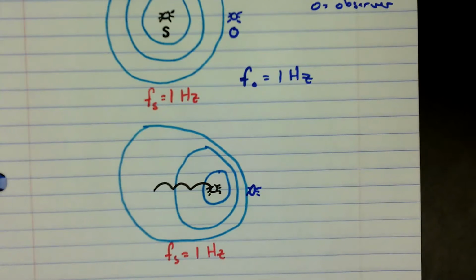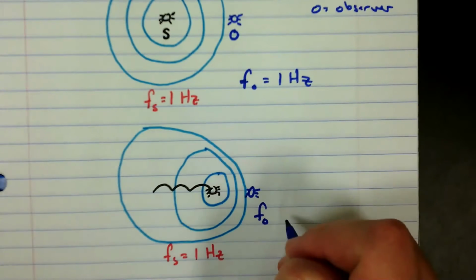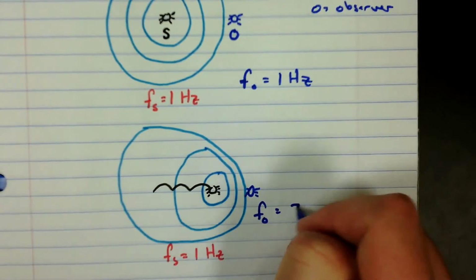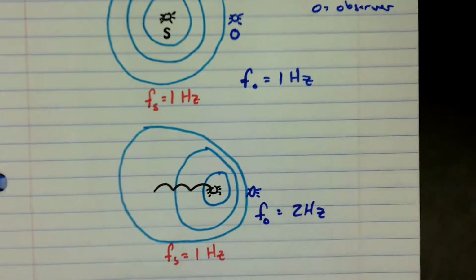You're jumping this way at 1 hertz, but what is the frequency your friend observes? Is it going to be greater than, less than, or equal to 1 hertz? Greater than, right? The waves are going to get there more often. So we're going to say that the observed frequency is bigger than 1 hertz. Let's just say it's 2 hertz.